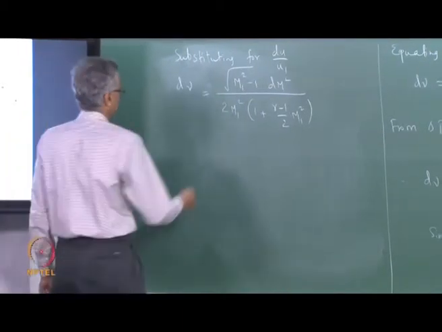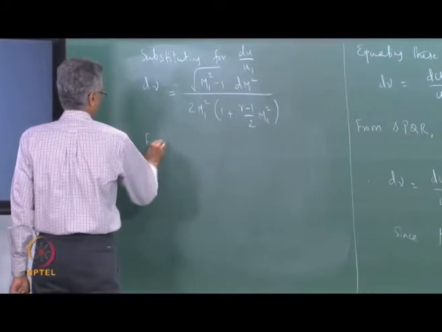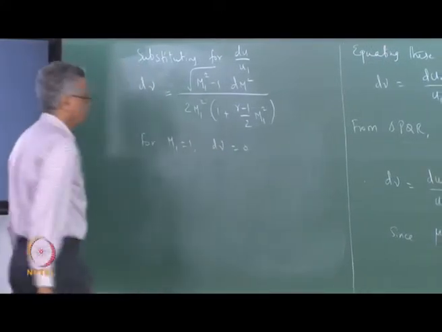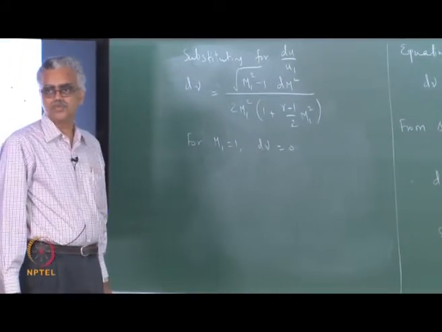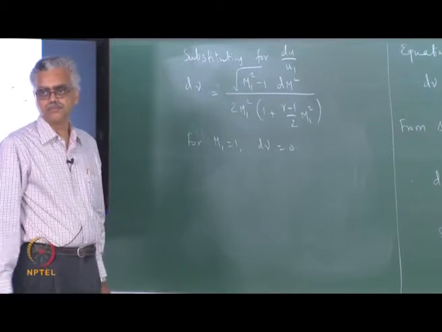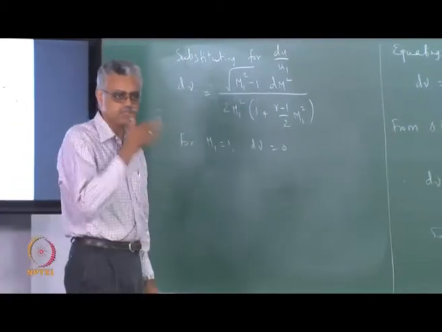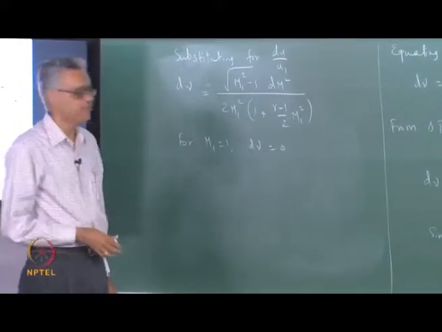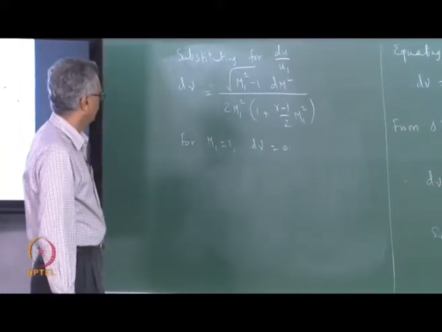Notice that there is no flow turning if the flow approaches with a Mach number which is equal to the speed of sound. The Mach angle in this case is 90 degrees and that is an acoustic wave, so there is no flow turning in this case. It is an infinitesimally weak acoustic wave.